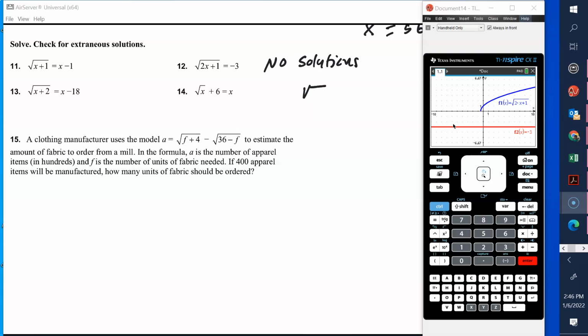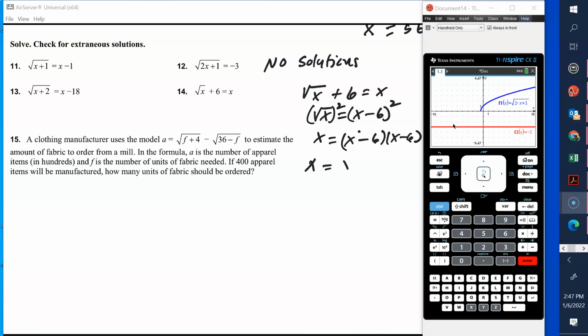Number 14, we have the square root of x plus 6 equals x. So you have square root of x equals x minus 6. So you square the left side, square the right side, so you have x equals x minus 6 times x minus 6.